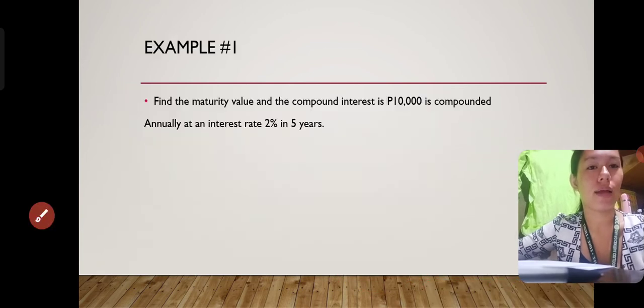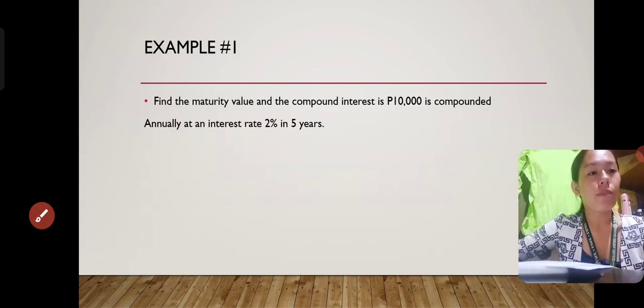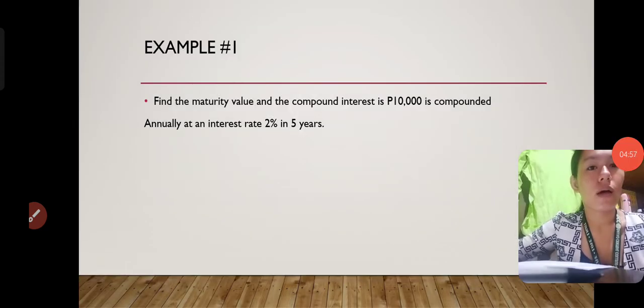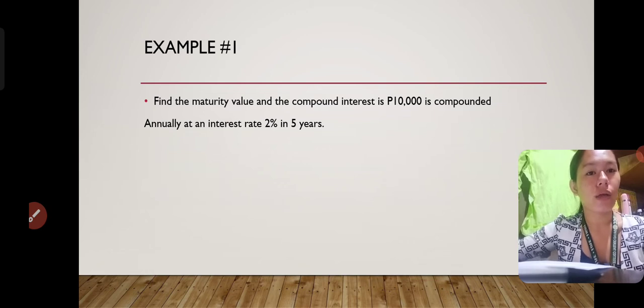Okay, so next, example number 1. Find the maturity value and the compound interest if 10,000 is compounded annually at an interest rate of 2% in 5 years.